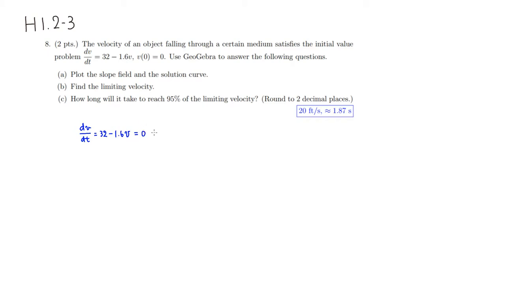Solving, we subtract 32 from both sides, so negative 1.6v is equal to negative 32, and we divide through by negative 1.6. Negative over negative is positive, so v is equal to 32 divided by 1.6, which is 20. So the limiting velocity is 20.